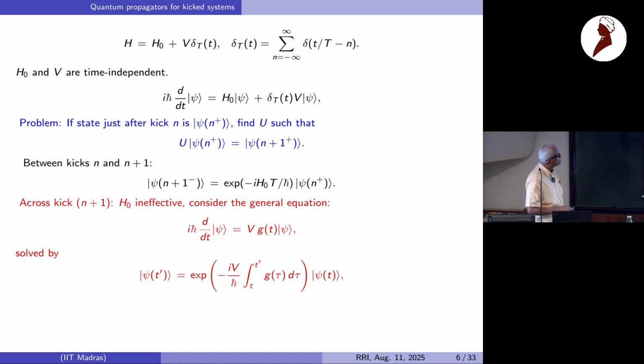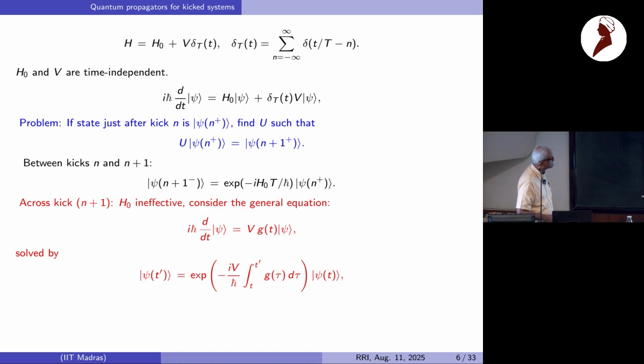And this equation is now of this general form, i h bar d by dt of psi equals V times g of t. I've just introduced some time function rather than this train of delta functions. But you can solve this easily because these are actually commuting operators. We study in quantum mechanics 101 that this is basically the integral.